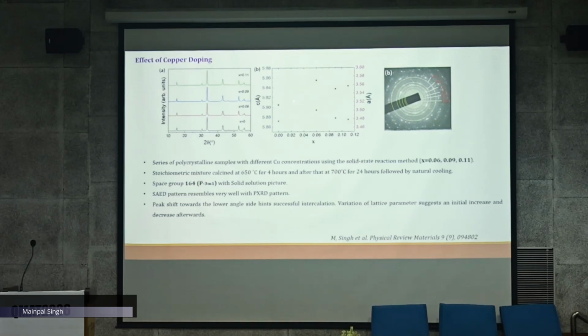It shows that from pristine to 0.06 the lattice parameter increases in a very linear manner. After that it decreases or becomes nearly constant, which shows the solubility limit of this copper intercalation: after a particular concentration it doesn't intercalate, it finds interstitial sites and so on.